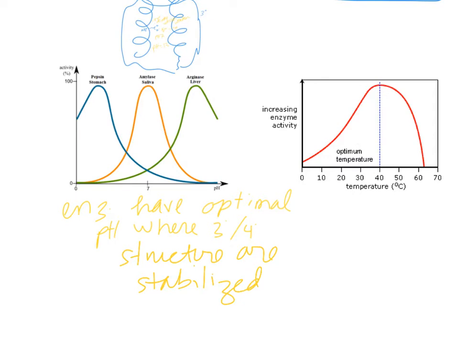I could say where the structures are optimally stabilized. And this image right here is really nice because it shows 3 different enzymes, and they all have optimal pHs.